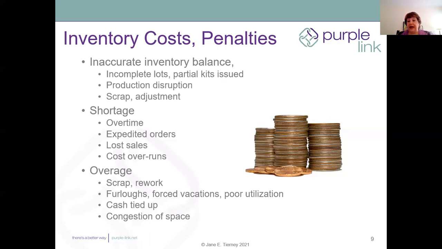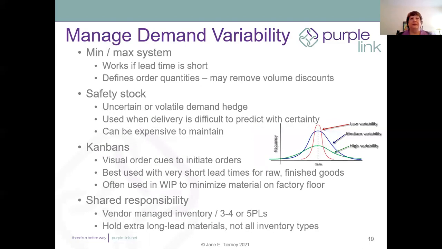It ties up your cash and it ties up your space. So companies have to be on the lookout to not have too much inventory. I often say that we are the Goldilocks in a company, that supply chain is always trying to do that. Not too much, not too little, not too hot, not too cold. We want everything just right. And it's very difficult to do.